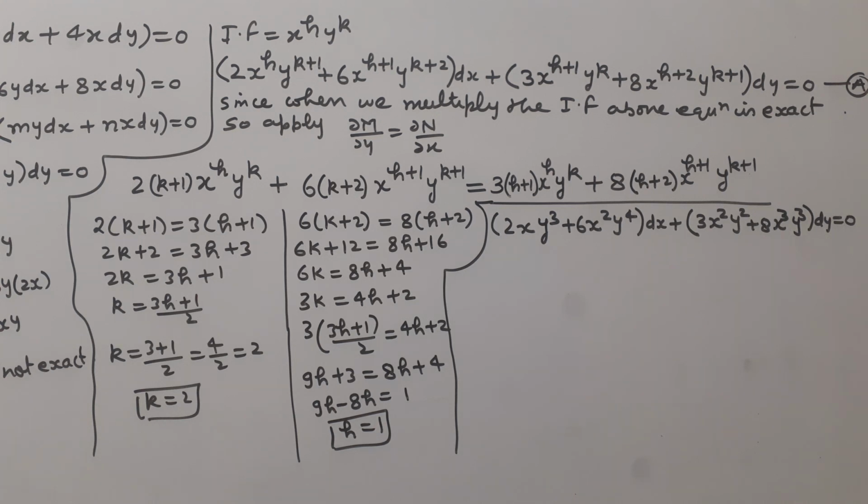In place of k we put 2, so y to the power 2 plus 2, that is y to the power 4, dx. In the second bracket we replace h by 1, so we get 3x squared and k by 2, y squared, plus 8x to the power h plus 2, so h is 1 plus 2, this is 3, and y to the power k plus 1, so k is 2 here, so y to the power 2 plus 1, that is 3.